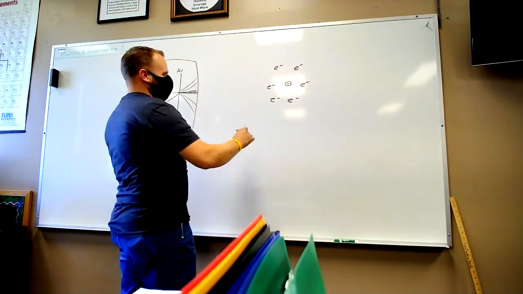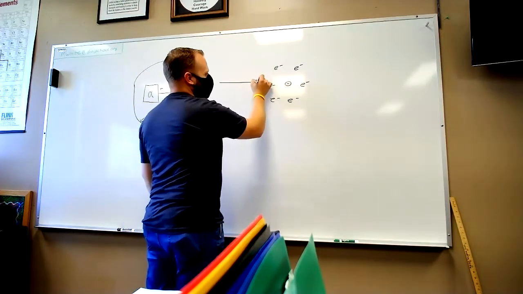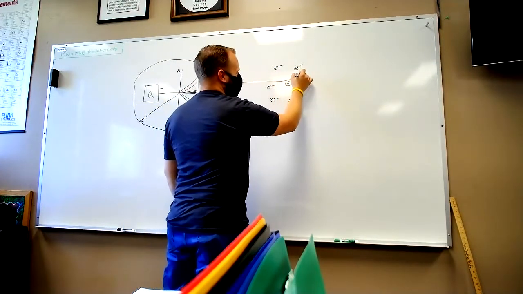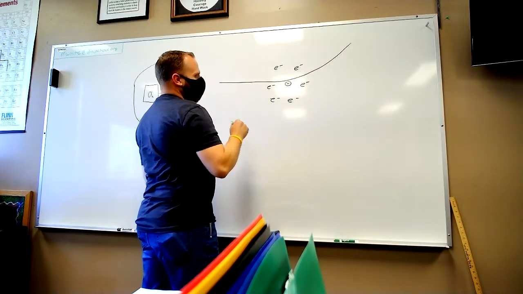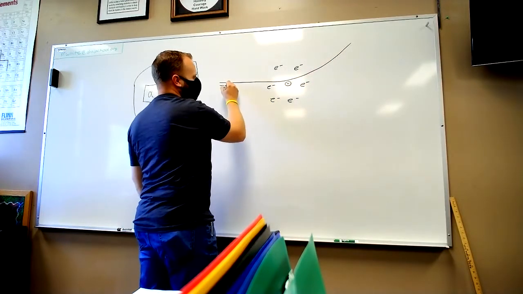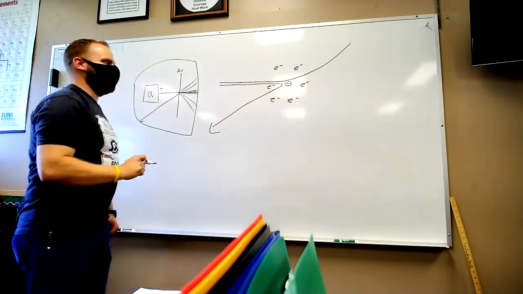So if we have our positively charged particle, it comes through here, it gets deflected by that other positive charge. Or it can even come this way and get deflected like that.